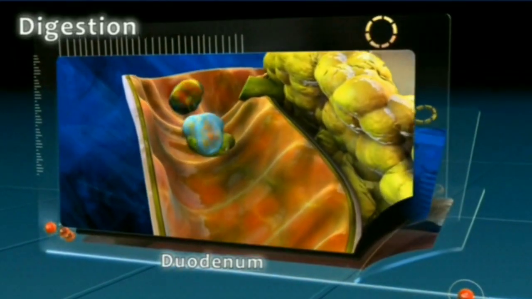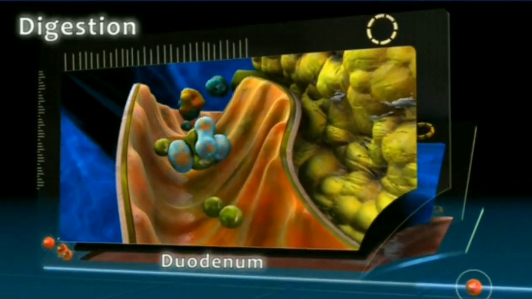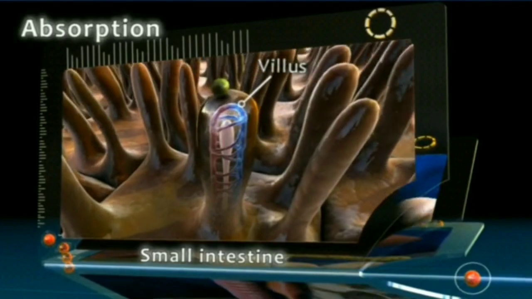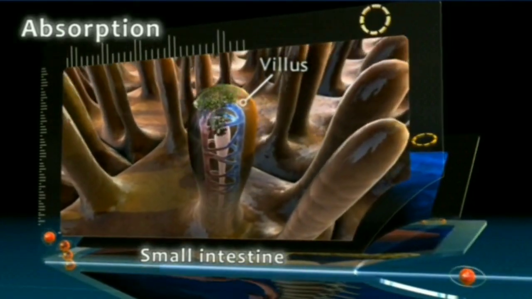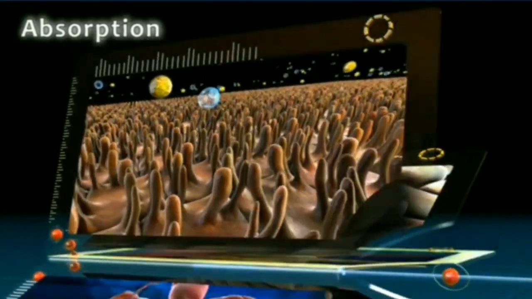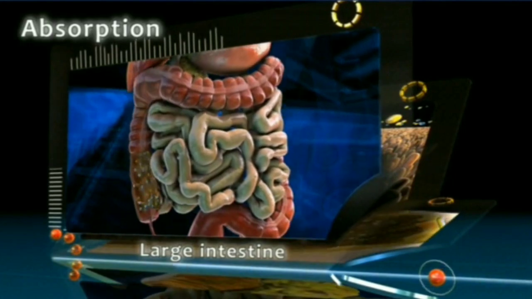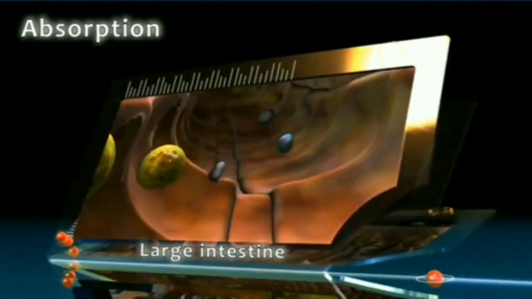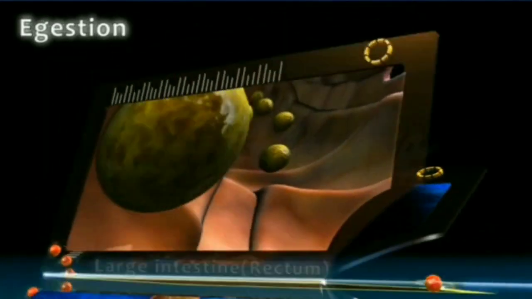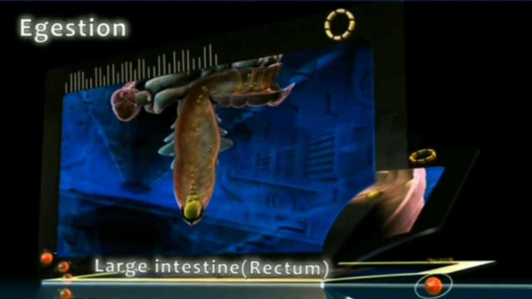Then, in the duodenum, the enzymes act on these particles and further break them into simpler particles, which can now be absorbed by the villi in the small intestine. This food is transported to various parts of the body with energy. The undigested food and water molecules move into the large intestine, where the water molecules are absorbed by the intestinal walls, and the undigested food is collected in the rectum and finally egested.